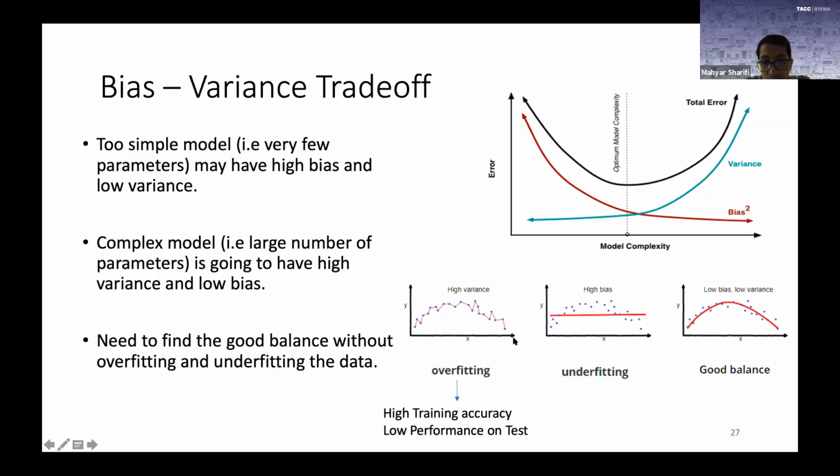This is something we want to avoid: we have high training accuracy, but low performance on data sets that our model has not yet seen. Essentially, this is a trade-off that we need to be aware of, and we need to find a good balance between overfitting and underfitting, with low bias and acceptable variance.